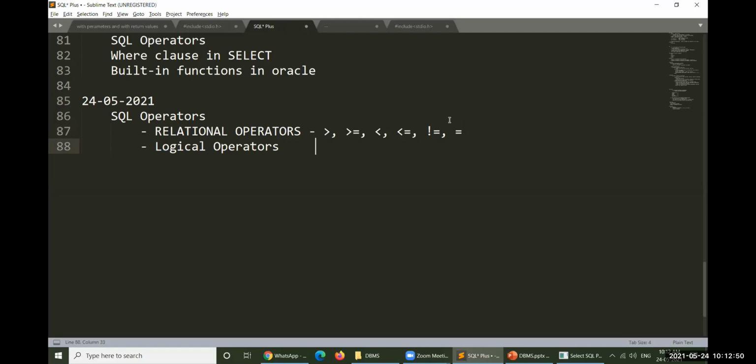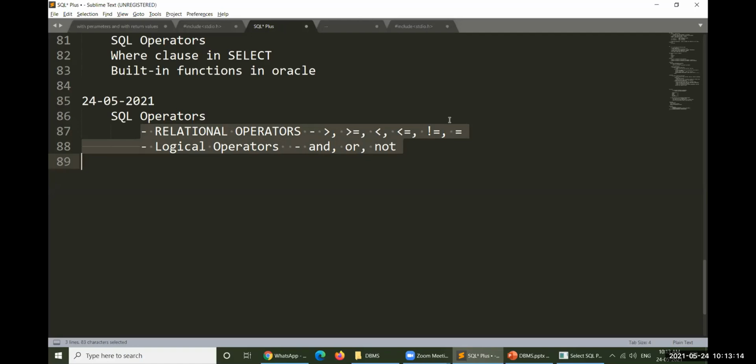The logical operators will be AND, followed by OR and NOT. Okay, these are the logical operators. Now, we know how to operate these two, the relational operators, right from probably the third class onwards.